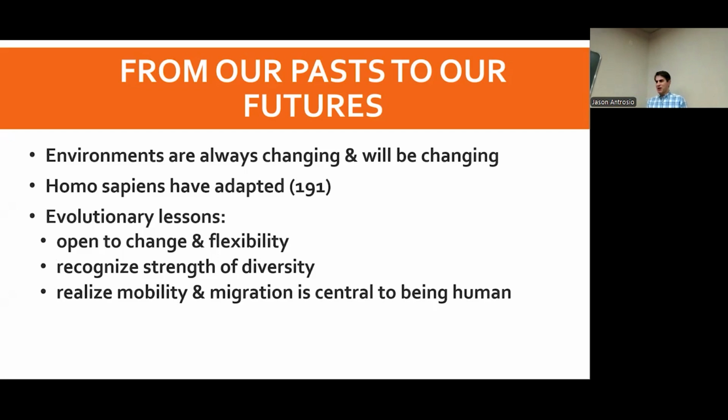Being able to migrate, being able to move to different places is one of the first things that made us human and enabled our expansion both within Africa and across our different ranges. Any time that human mobility and migration has been limited, it tends to be something that is detrimental to our species. People that get cut off and isolated tend to not do well in human evolution.